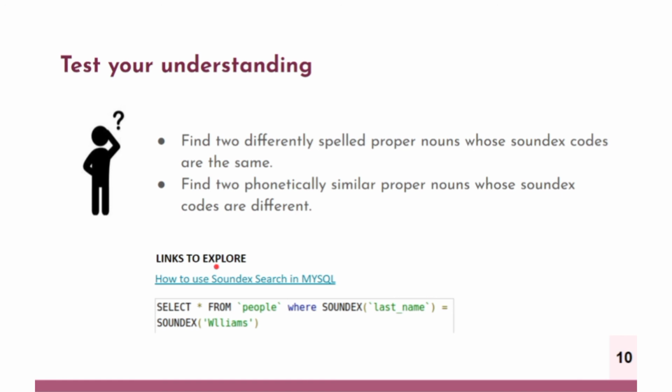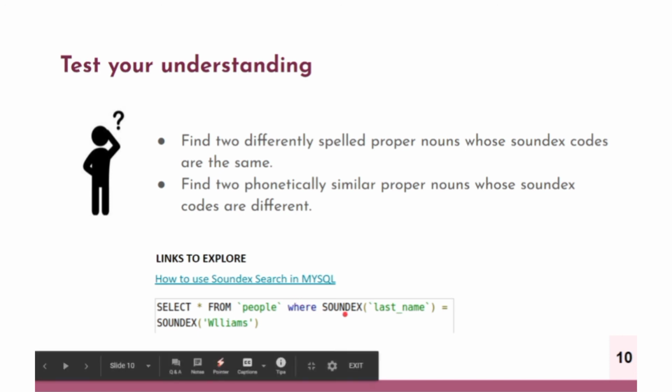This link tells you how to use Soundex search in MySQL. So basically, MySQL has this particular function called SOUNDEX, which takes in a string and gives out the phonetic hash for that particular string. So let's consider this example that is present over here.